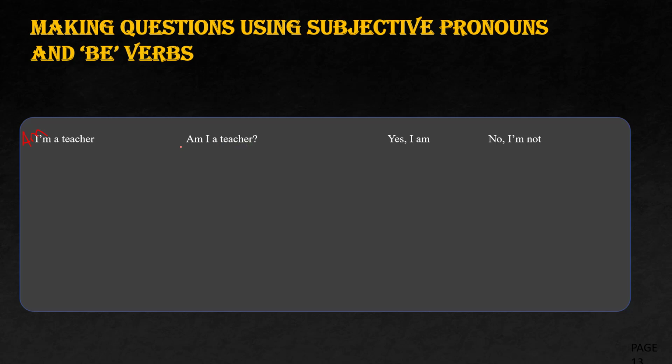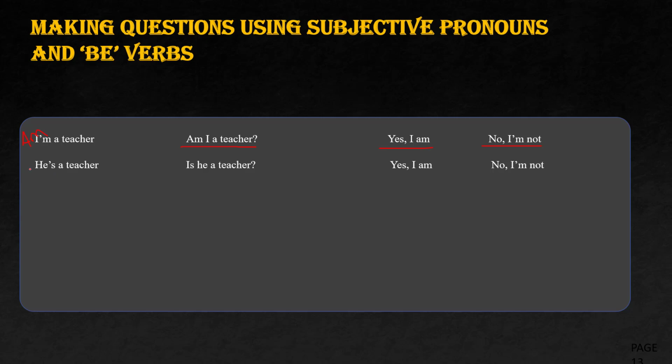If you have a question, am I a teacher, you should answer it. If you are a teacher, it should be yes, I am. If you are not, no, I'm not.